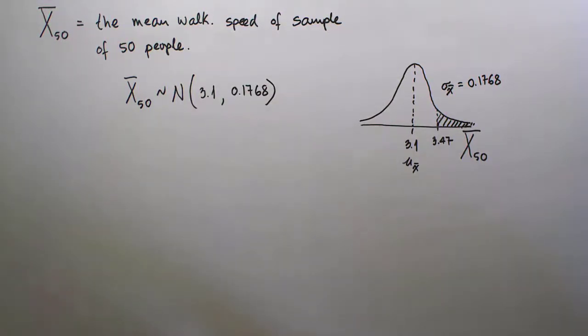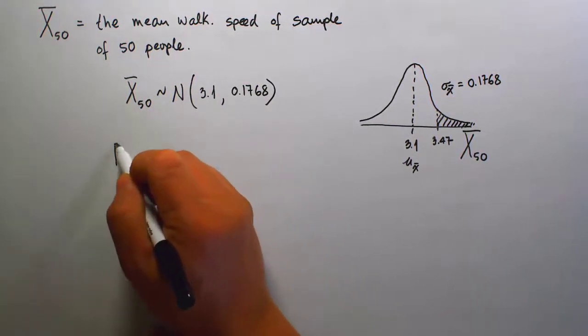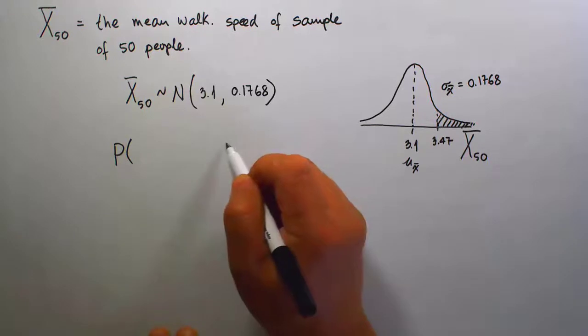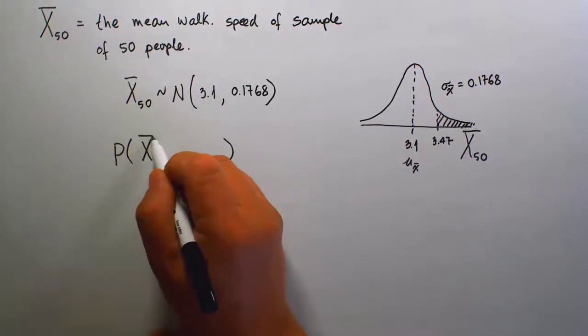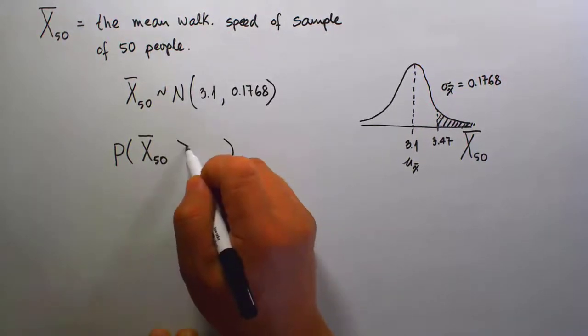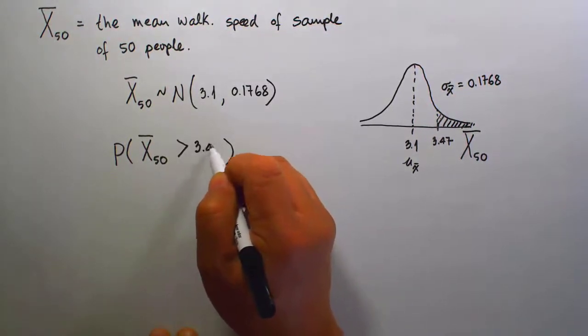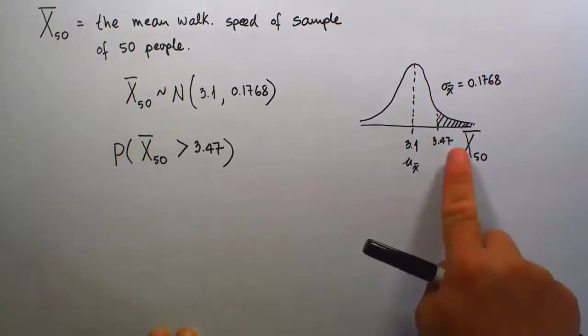Symbolically, we want to find P in parentheses, any particular sample mean that we picked up is to be above 3.47. So this is how we are formulating our symbolic question, and this is graphically how it is represented on the bell curve.